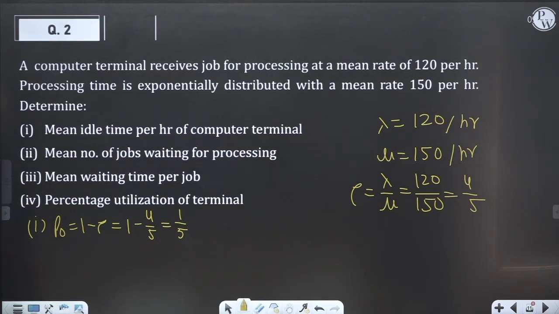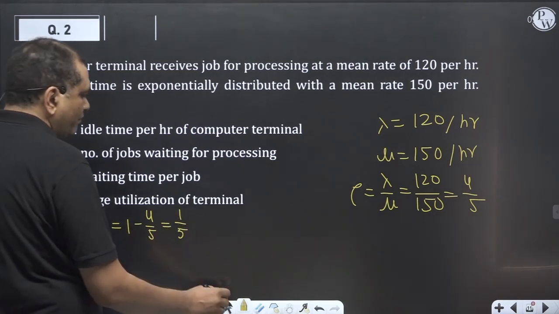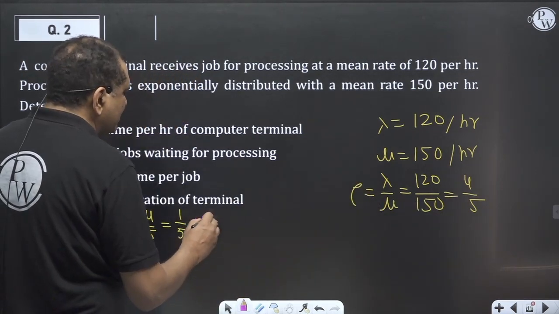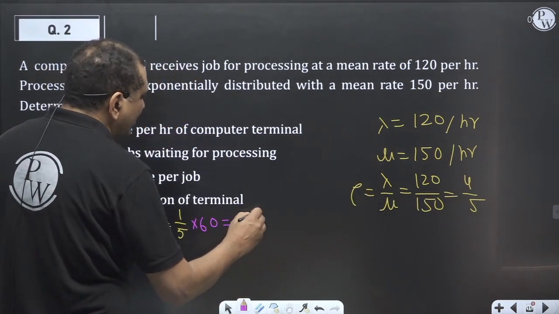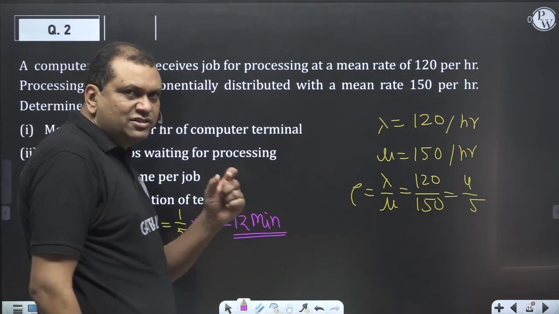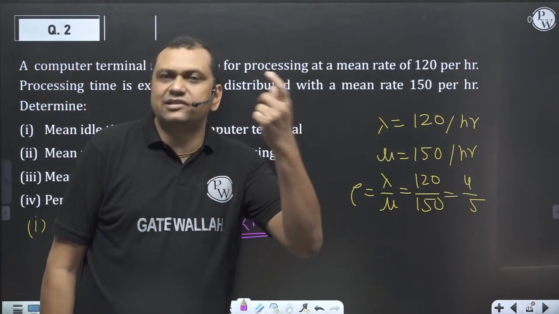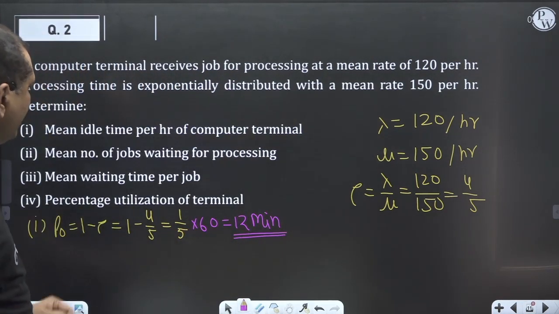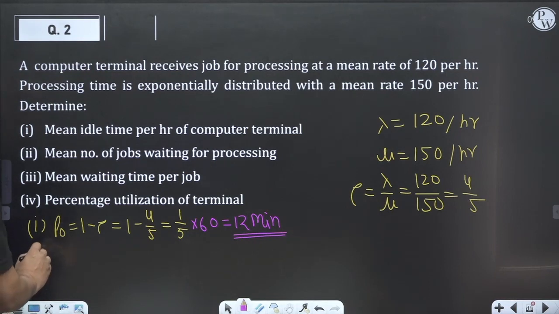So per hour, if you want to calculate, multiply by 60, so 12 minutes. In 1 hour, approximately for 12 minutes, the system will be idle.